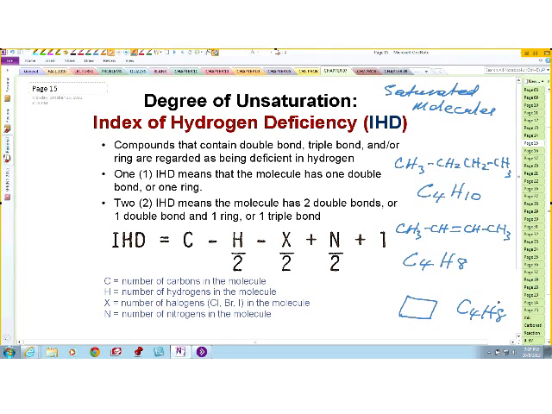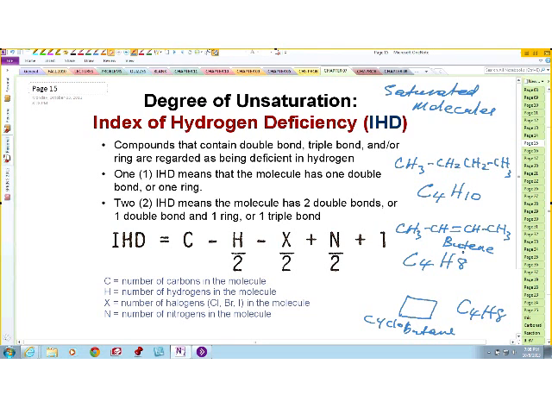What kind of isomers are they? This is cyclobutane, and this is butene right here. What kind of isomers are they? Constitutional isomers, because the difference between them is that you have different attachment of atoms.